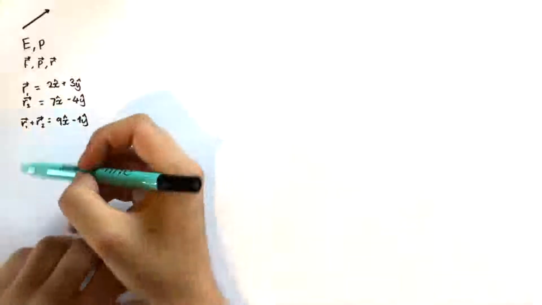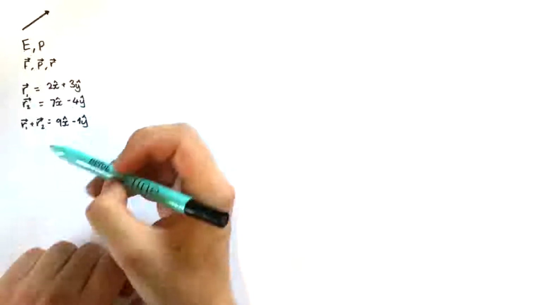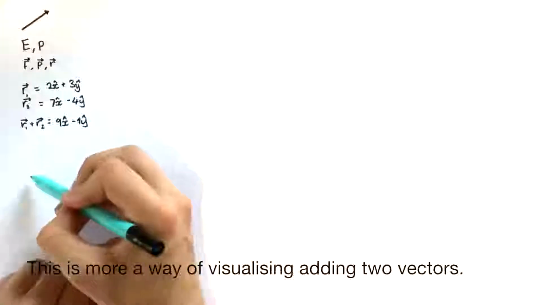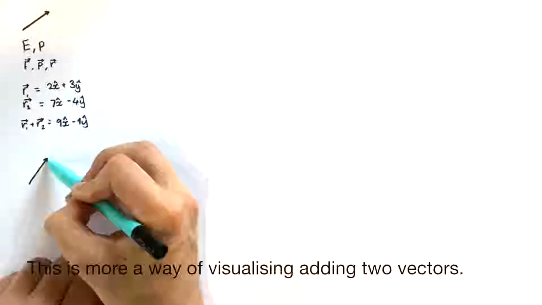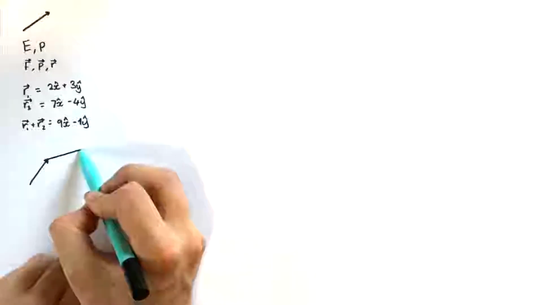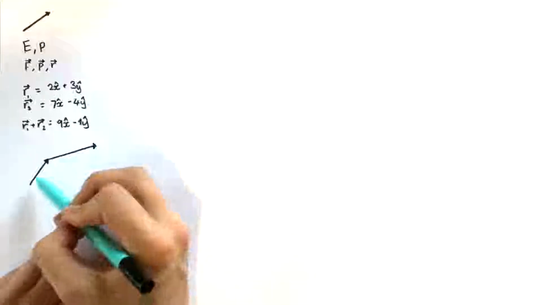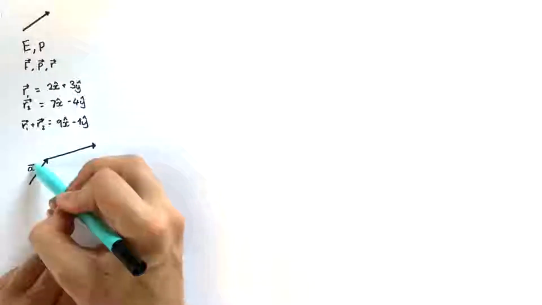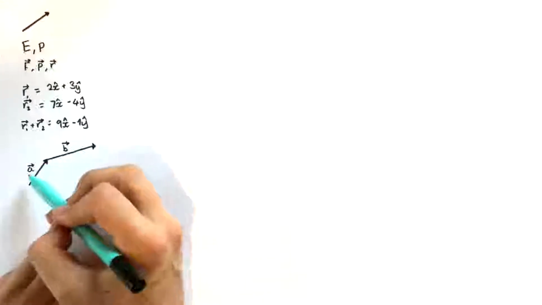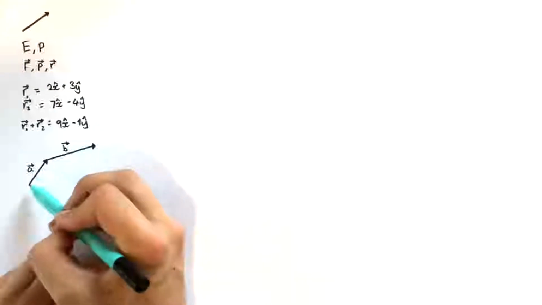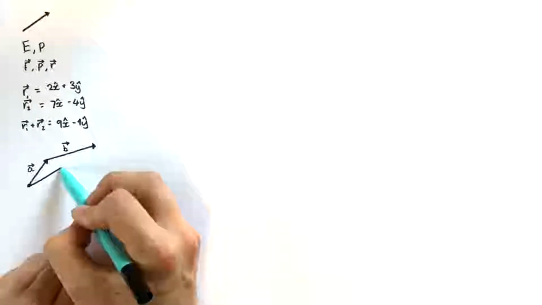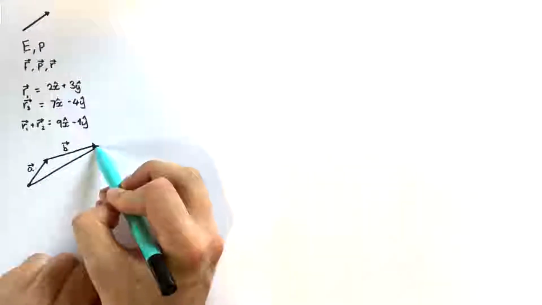Another way, which I didn't mention in the last video, of adding vectors together is to draw them tip to tail. What I mean by that is drawing one vector a little bit like that, and another vector like that. So we have two vectors, say this is vector A and this is vector B. The addition of this vector and this vector is exactly the same as if you'd just drawn one vector going up like this.